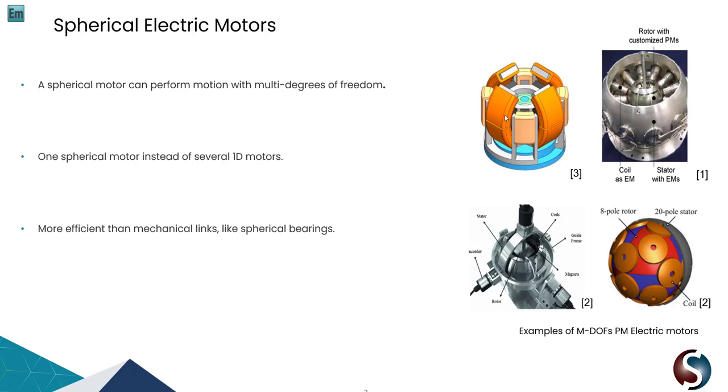So if you want to achieve a motion around the XY axis, you will have a motor that rotates along X, another motor that rotates along Y. And of course, there are some mechanical options using spherical bearings and all of that, and we know their disadvantages. So the electrical spherical motor is a lot more advantageous than the mechanical counterpart.